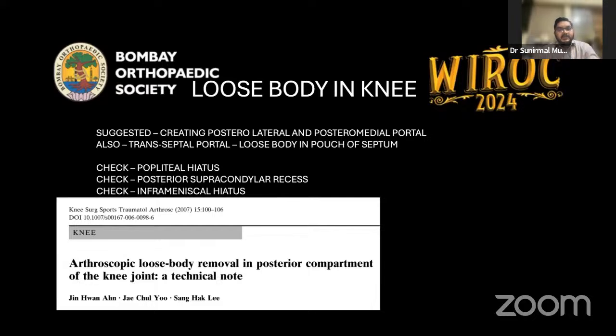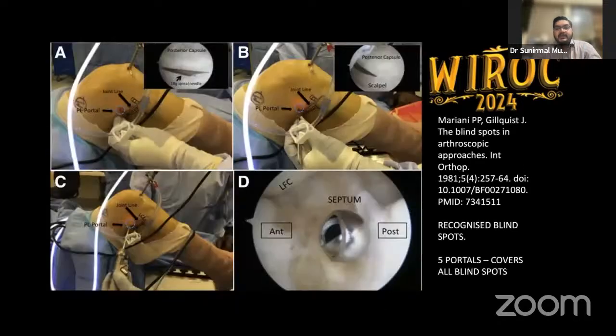Just to finish the list, loose bodies are very commonly seen in knees. Shoulder loose bodies are comparatively less common. And the knee being a large joint, we often miss loose bodies, especially in the blind spots. Dr. Mariani and Gilkis were the first to describe the blind spots in arthroscopic portals.